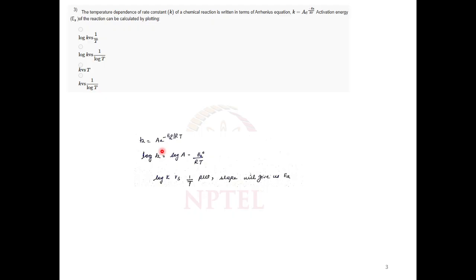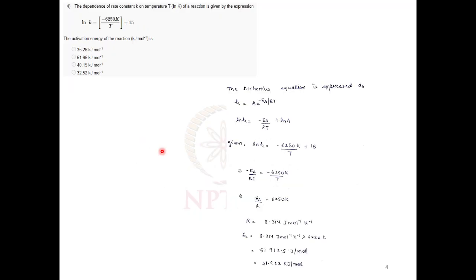Now come to the next question. It is the same way. If you take ln on both the right side and left side, you will get ln A minus Ea by RT. From there you need to calculate the value, minus Ea by RT, basically this value, minus 6.6250 by atm at the corresponding temperature.